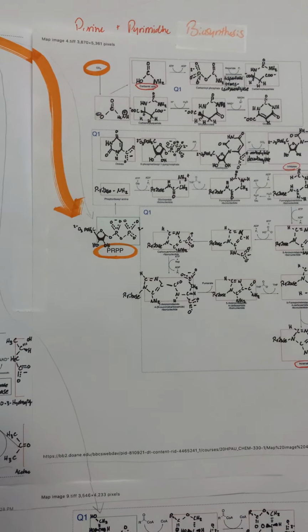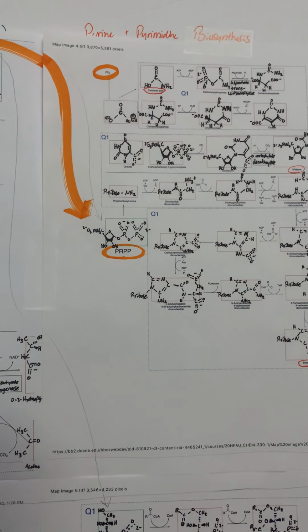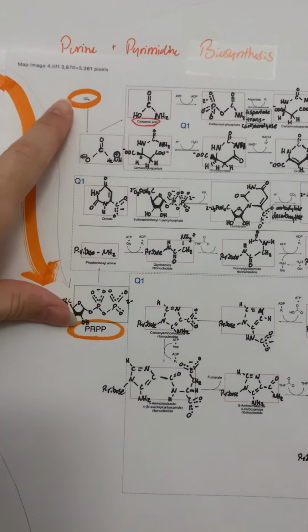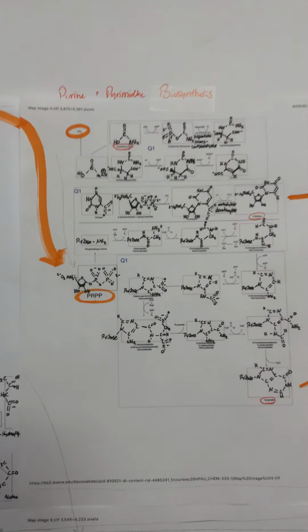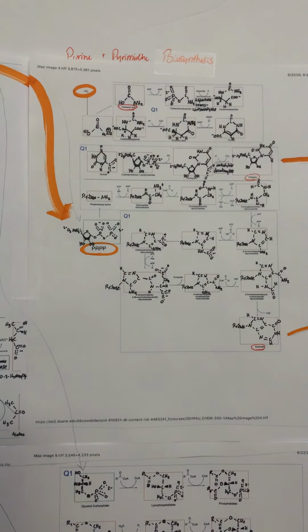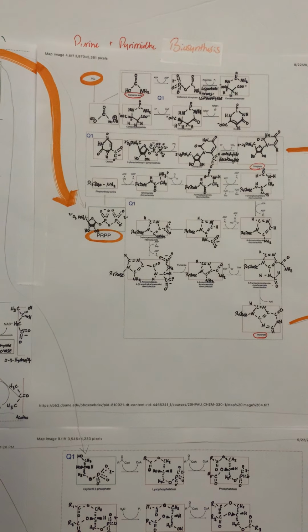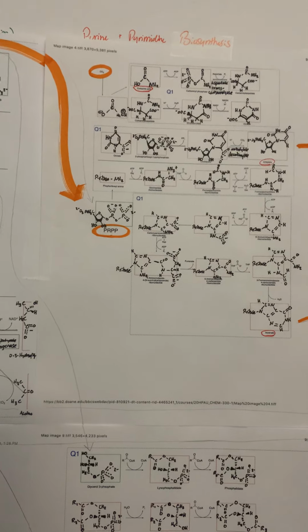And then backtracking on the paper a bit, because we've made those, we're going to move on to pyrimidine synthesis. We see the carbon dioxide here, which was one of our given start spots. So we'll see carbon dioxide there circled in orange, and that CO2 leads to carbamic acid, which ultimately leads to uridylate.